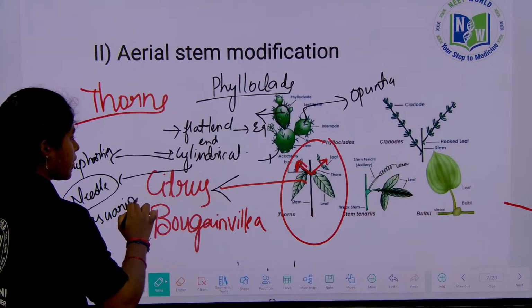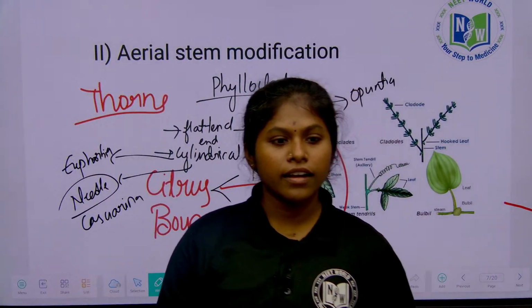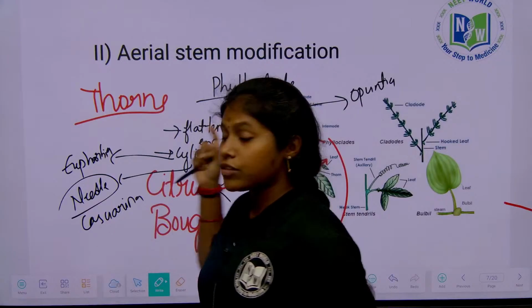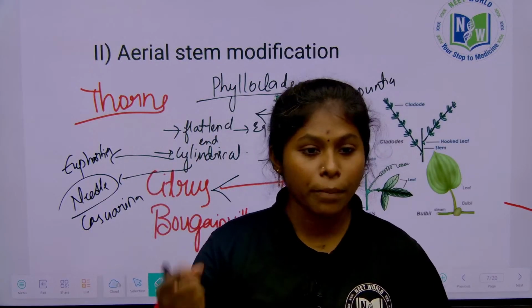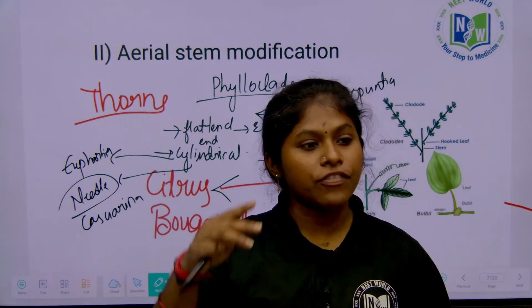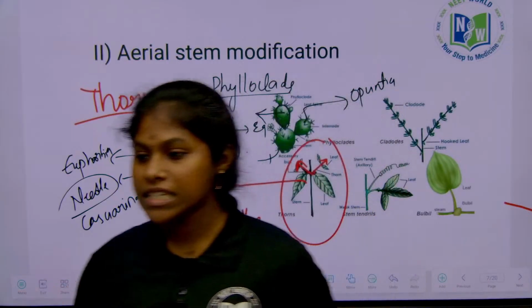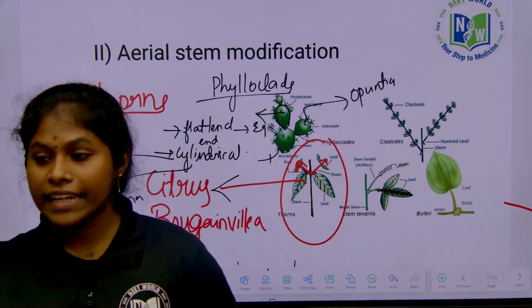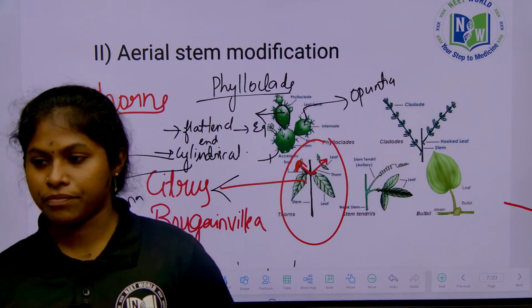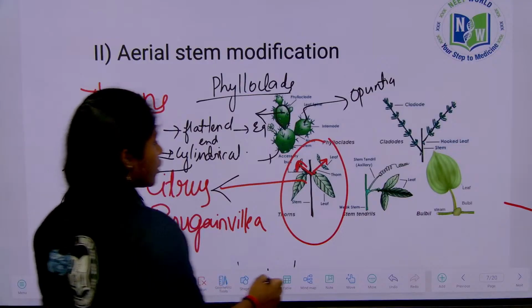The thorns example is citrus. The phylloclades examples are Opuntia, Euphorbia and Casuarina. The flattened structure is Opuntia, the cylindrical one is Euphorbia, and the needle-like structure is Casuarina. Okay. And cladophylls.